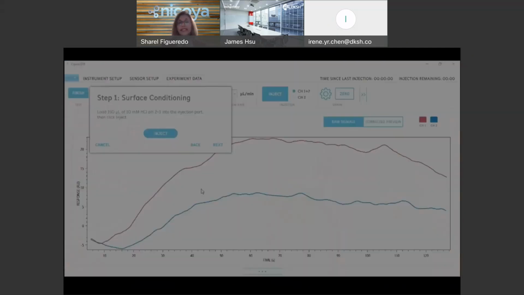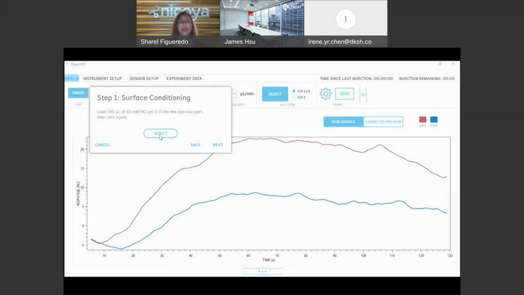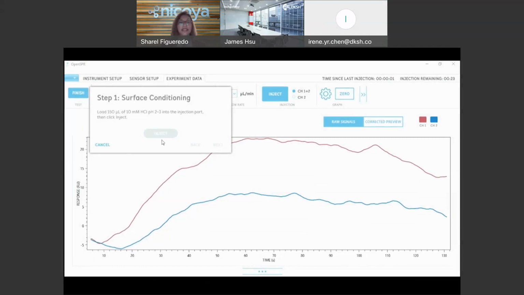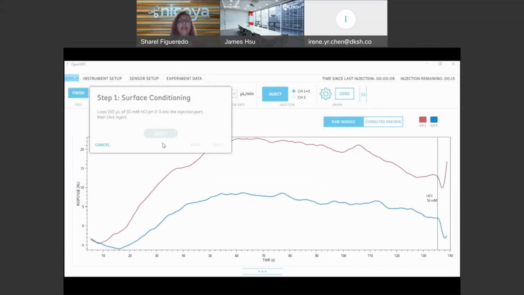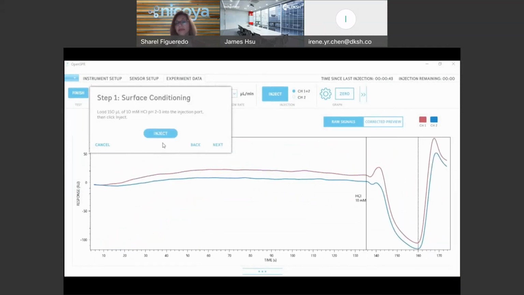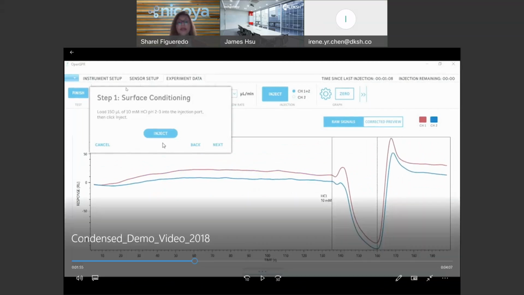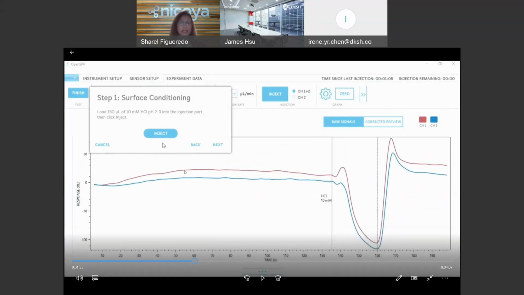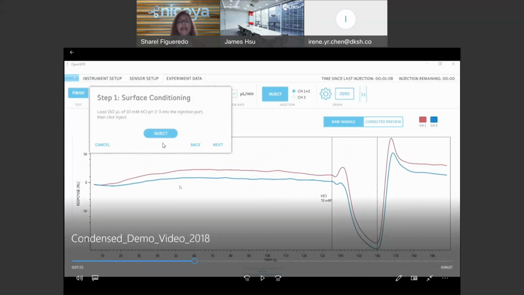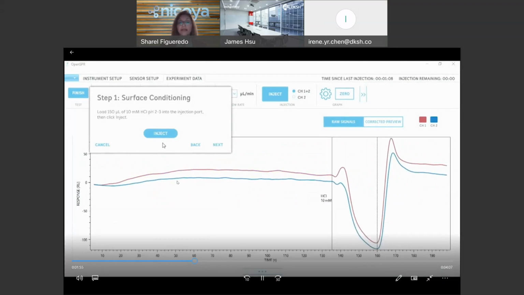Here you're seeing the scientist injecting a cleaning solution, HCl, to clean the injection port. And then you're able to see 2 traces, one in red and one in blue. The red is the reference channel, which serves as your blank, and then your active channel, which is where you will immobilize your ligand.